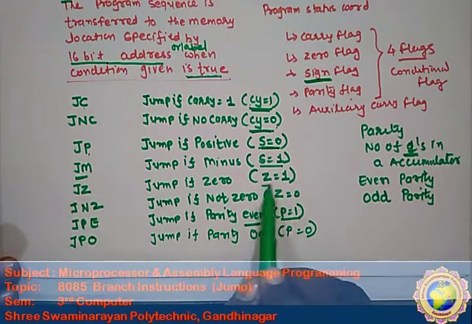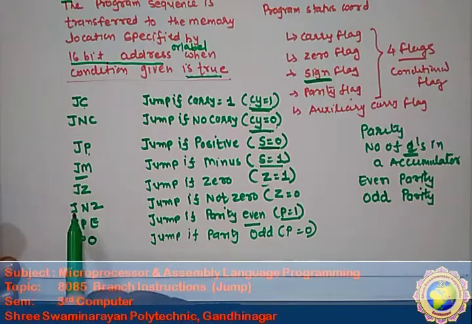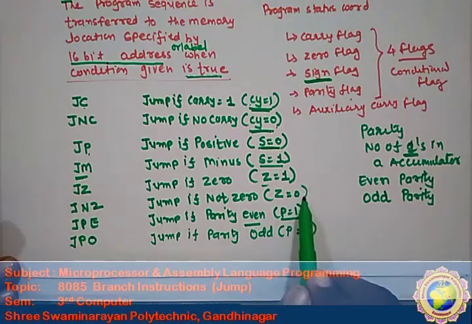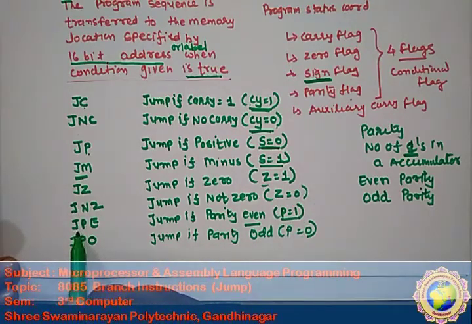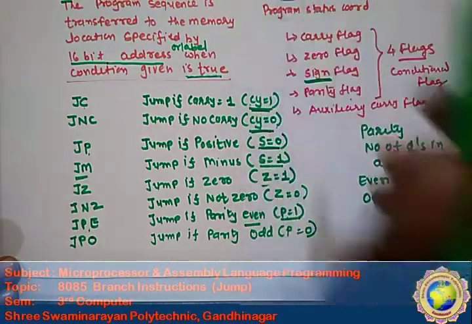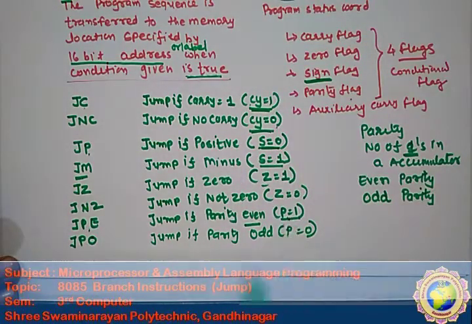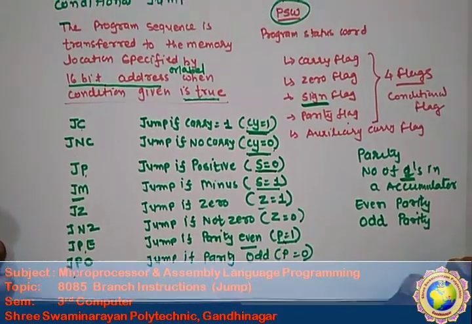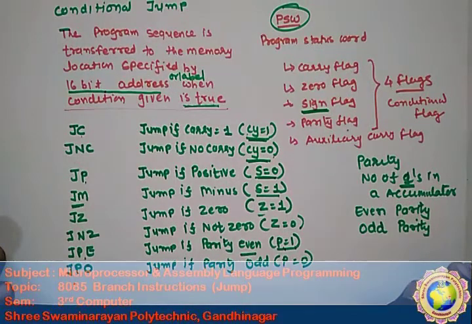Jump if 0 means the zero flag must be 1. Jump if not 0, zero flag must be 0. Jump if parity is even means the value of P in the PSW must be 1. And jump if parity is odd, then P is equal to 0. So these are the different types of conditional jumps we have studied.